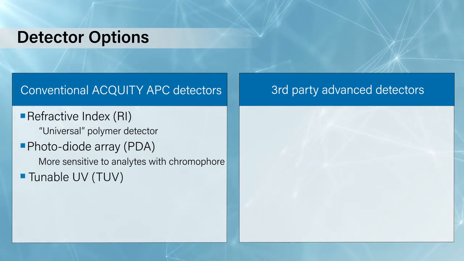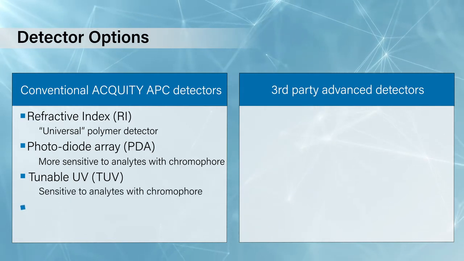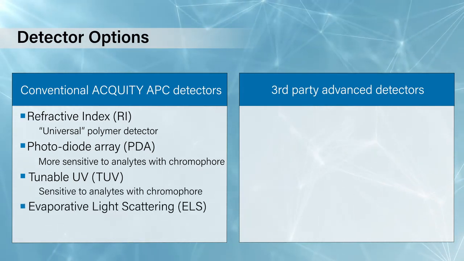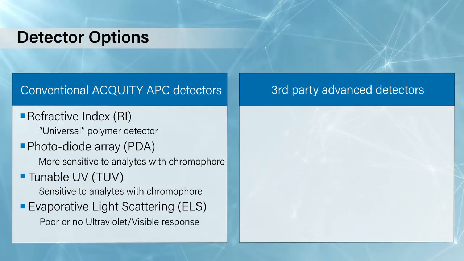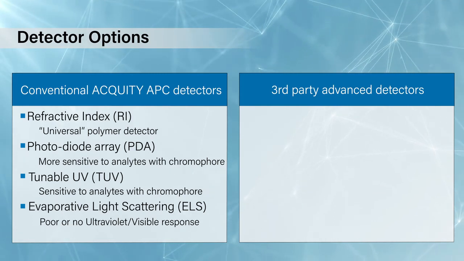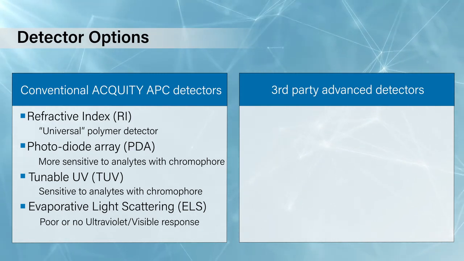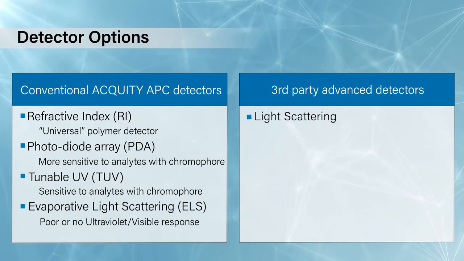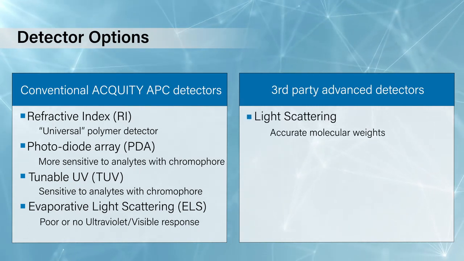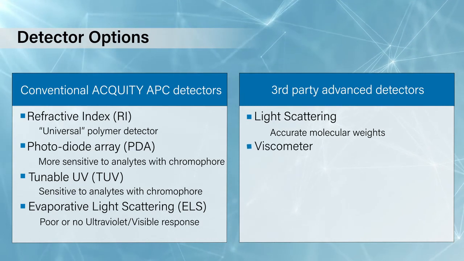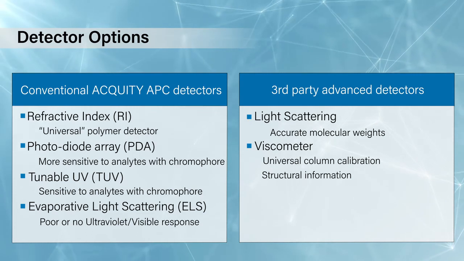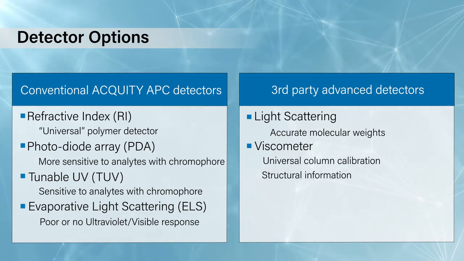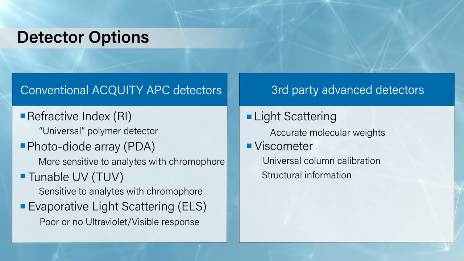The tunable UV, and also evaporative light scattering detector, which is useful if you have poor or no chromophore available. But we also have available third-party detector options which have been developed since the advent of the APC, which include light scattering detection, which is excellent for accurate molecular weight, and a viscometer, which provides the universal column calibration or structural information of your polymer. So depending on the level of information you require, you can select the detectors to suit.